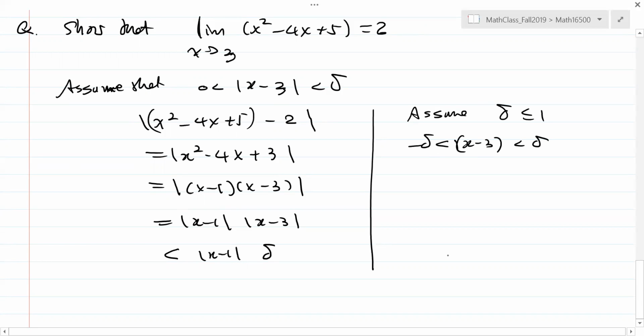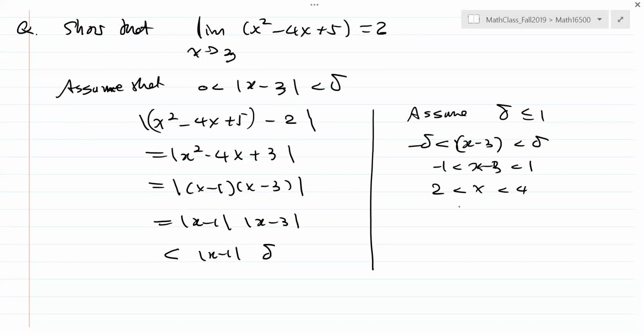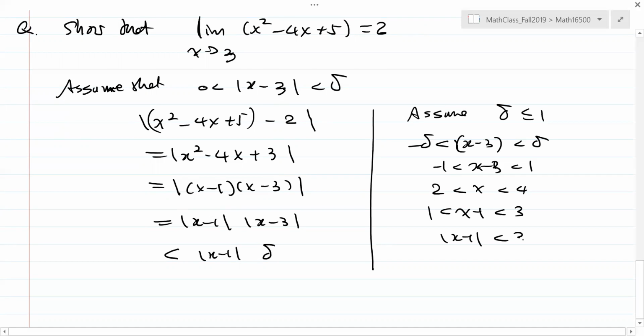That means x minus 3 is greater than negative 1 and less than positive 1. So you add 3 to both sides, and x is between 2 and 4. Then x minus 1 is between 1 and 3. So the absolute value of x minus 1 should be less than 3.